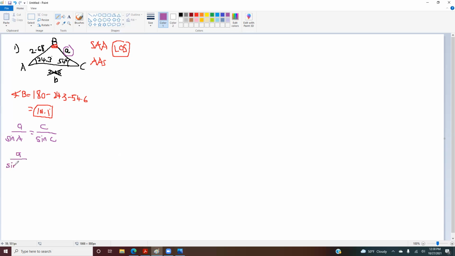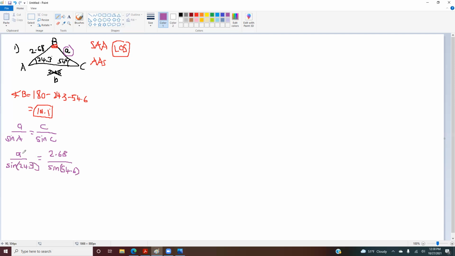So sine A in this case is 24.3 degrees. And then C is 2.68 over sine C. Sine C in this case is 54.6. I should put them in parentheses.